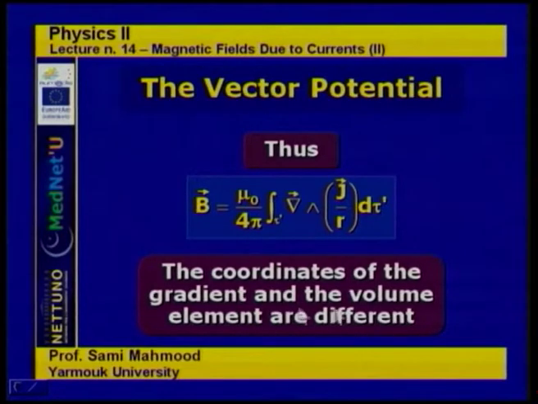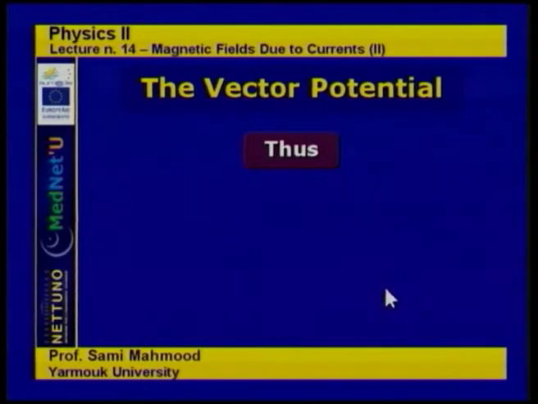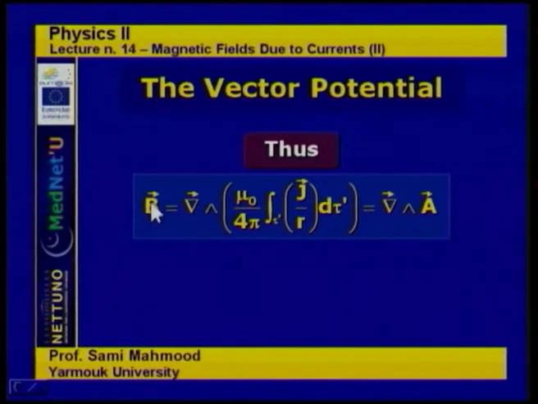According to this difference in coordinates, we can simplify this result: B is equal to gradient cross mu naught over 4 pi times the integral over the source of the current J over R d tau, by taking the gradient operator outside the integral.